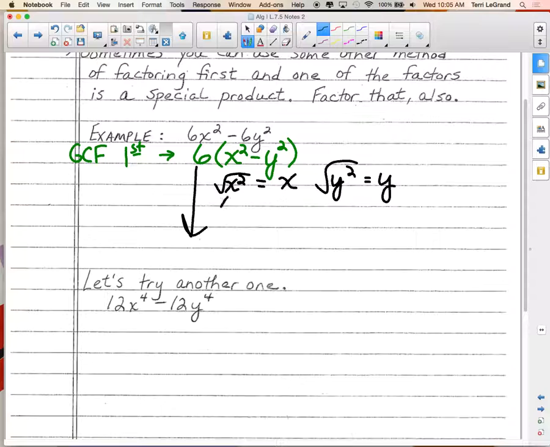What would its factored name be? Both would start with x. Both would end with y. Now what? Plus and minus.